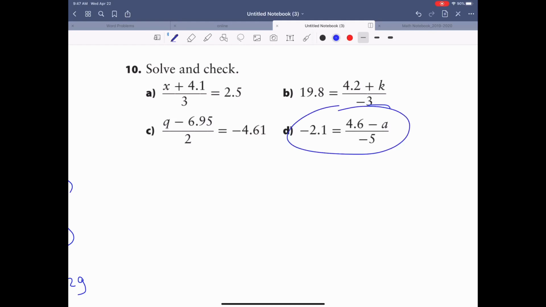Okay, so in this case, this is divided, you want to isolate a, by the way, and you want to throw this over to the other side first, okay, because that's this thing divided by that, so you want to go backwards.